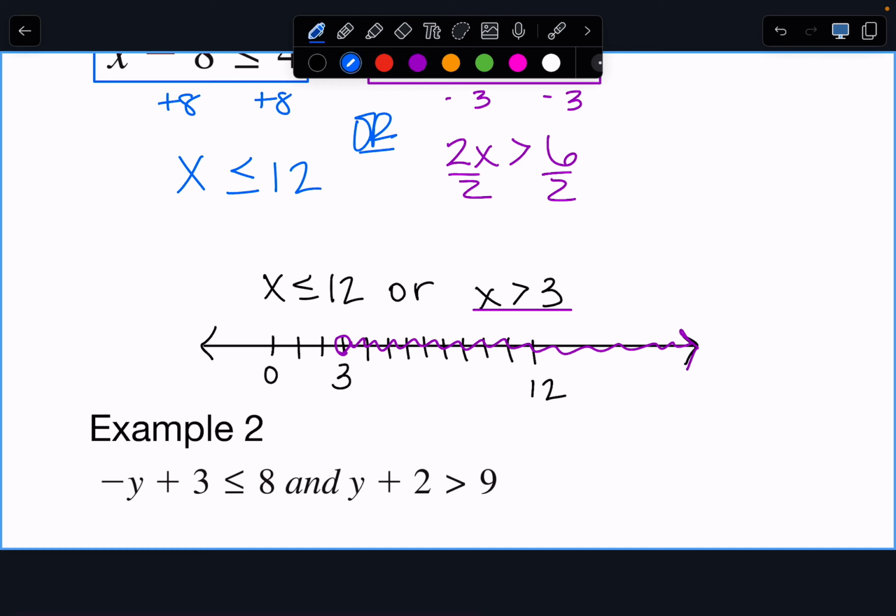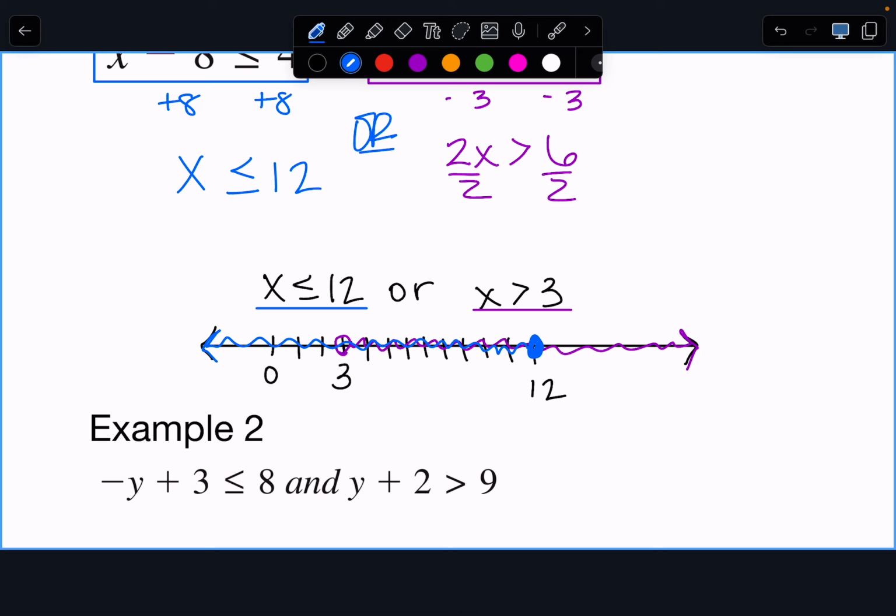My blue inequality. We have a closed circle at 12, and we go to the left. It's weird, right? I need to be in one or the other. If I'm in one or the other, I don't have to be in both. This is an or. So I can be in blue or I can be in purple.